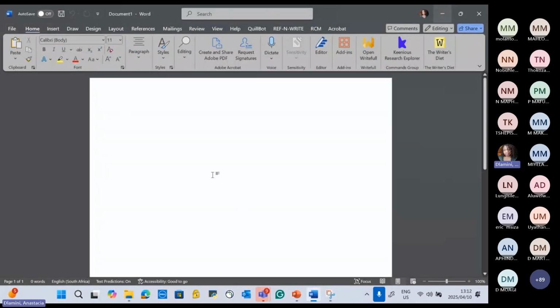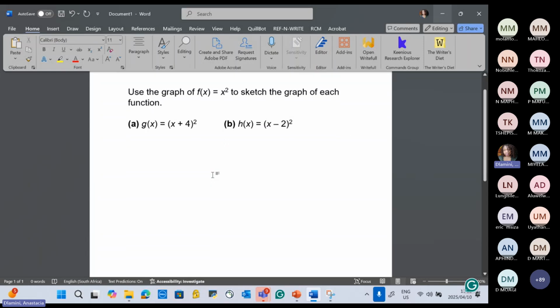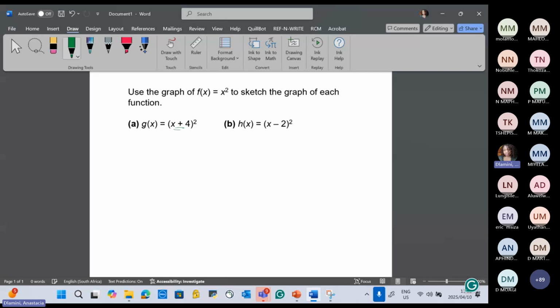Okay, where's the word? Here it is. So it means here we shifted. You see that you're adding in the x, meaning that you're doing a horizontal shifting.